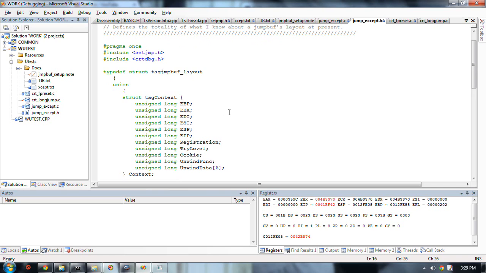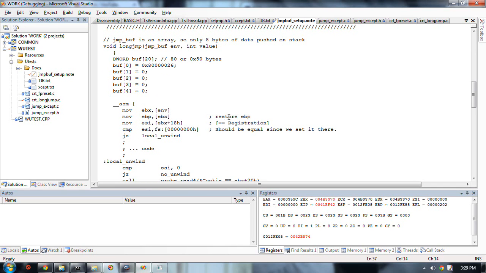EBP that we saved off, and that is the actual base pointer for the stack frame at the point where setjmp was called. Okay, so we'll restore EBP.